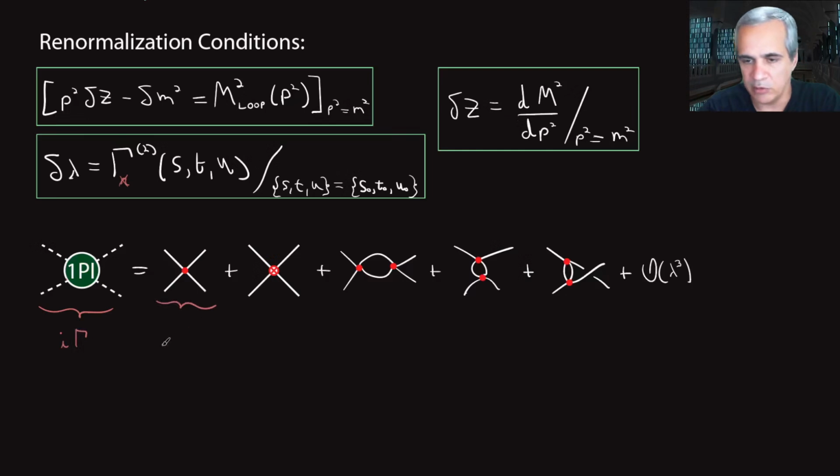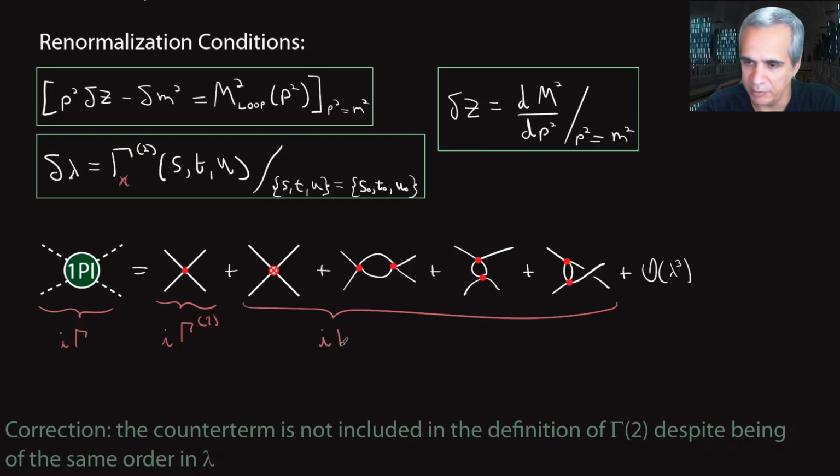This one is the term iΓ₁, where the 1 means it's order λ to the power of 1, the first perturbative contribution. All these diagrams are order λ², so I call this iΓ₂, and this is the Γ₂ showing up in this condition. So it's one of the things I have to calculate.